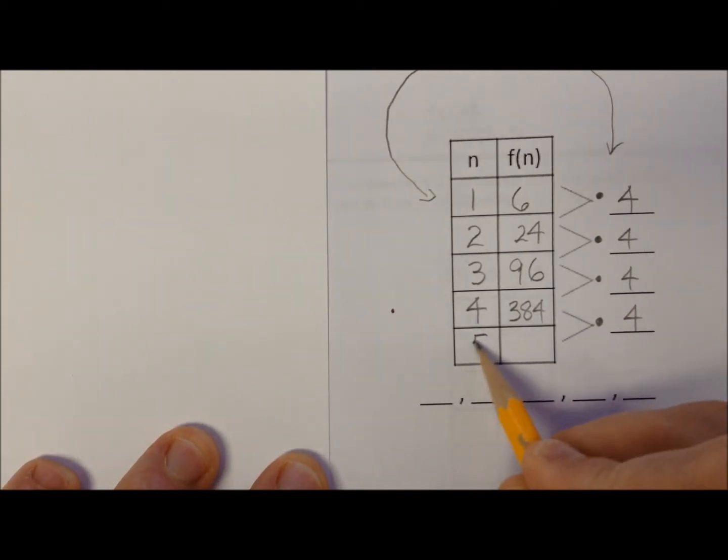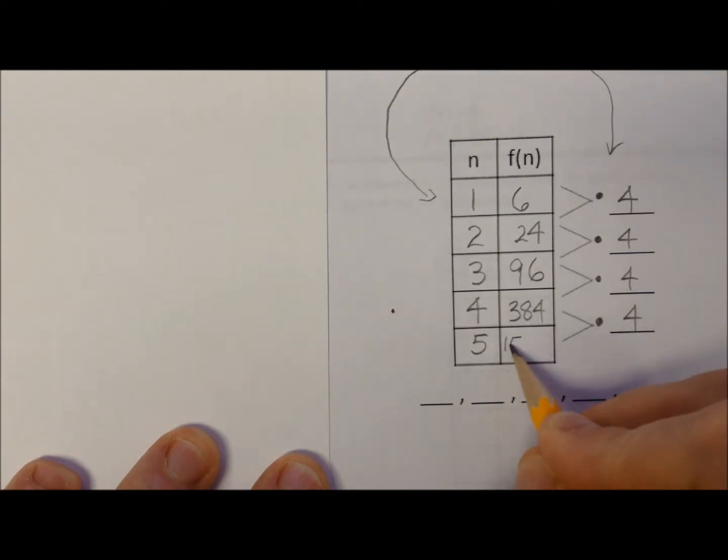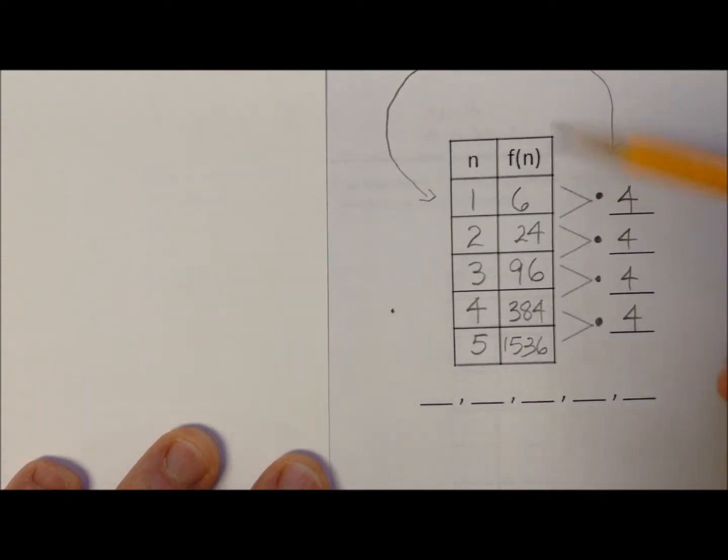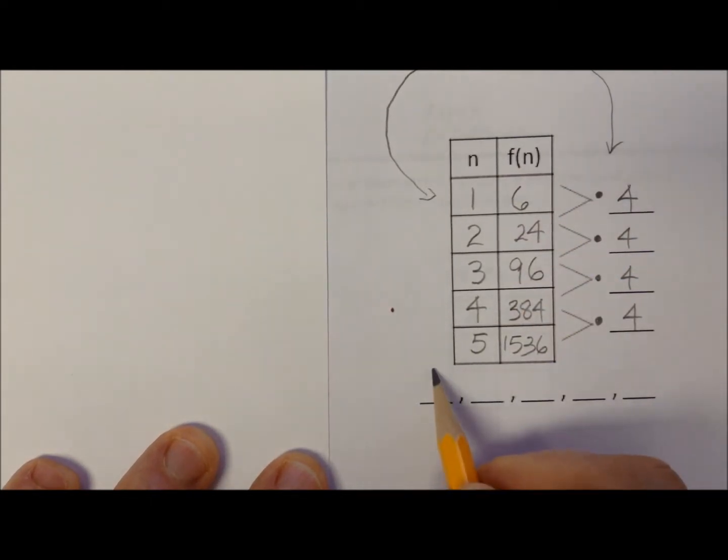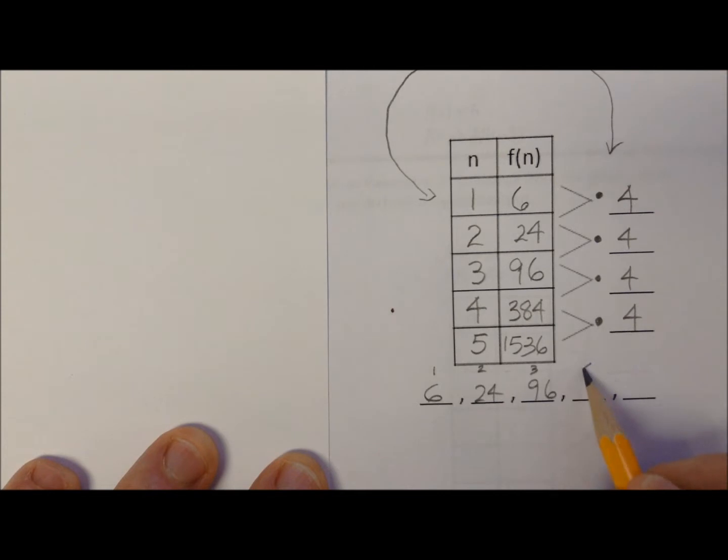And finally, my fifth number is going to be 384 times 4, which is 1536. So now I can take my table and say, okay, the first number is a 6, the second number is 24, my third number is 96, my fourth number is 384, and my fifth number is 1536.